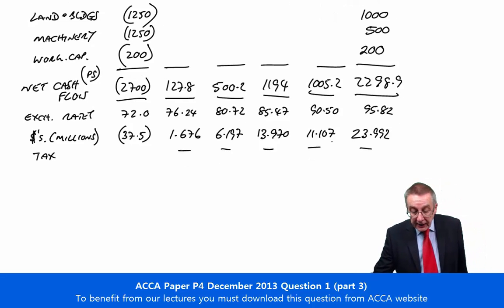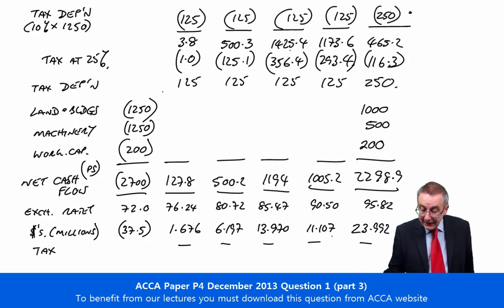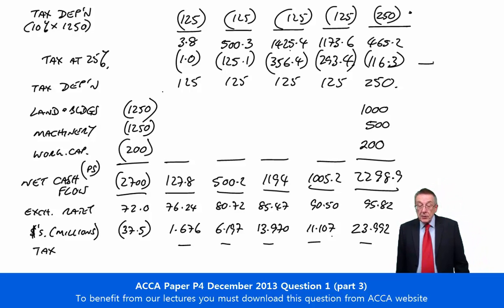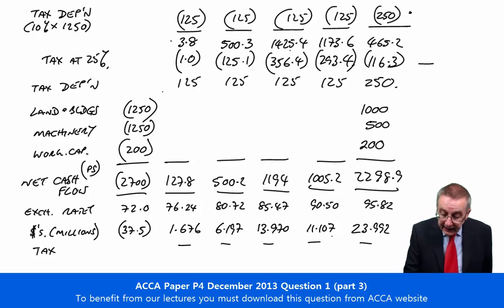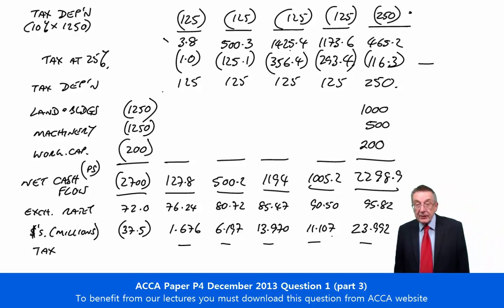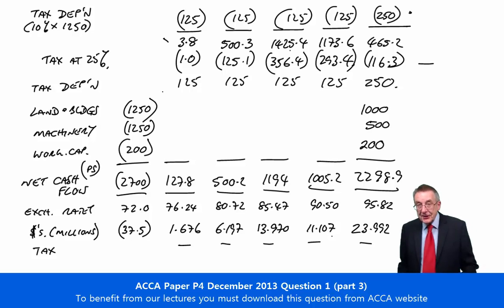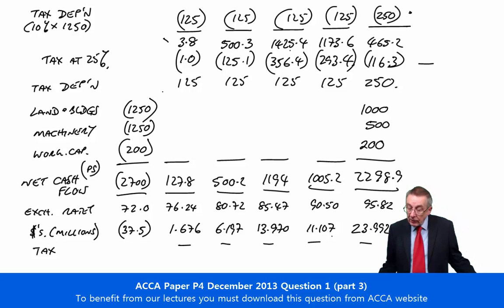We've only charged 25%, and so if it was 30% in Chamorro, there'd be an extra 5%. You'd have to calculate an extra 5% of the taxable flows and then convert that extra tax into dollars. But here, not relevant.